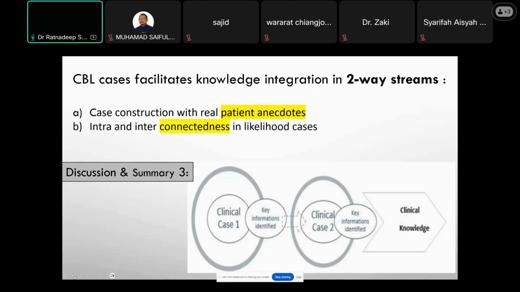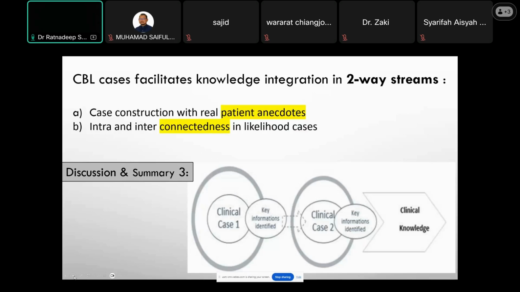Secondly, the intra- and interconnectedness inside the likelihood cases facilitate the students to link their information, and that might also be helpful in getting the clinical knowledge we have perceived after our study.